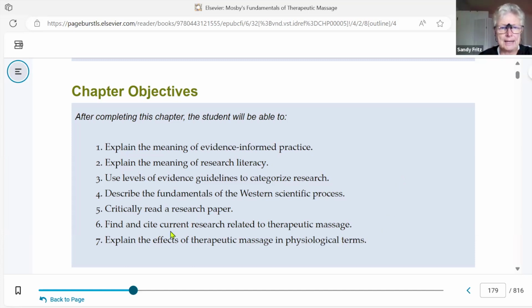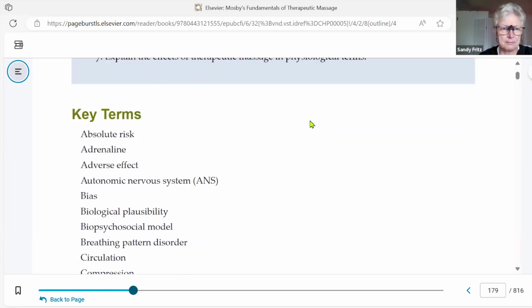Can I find and cite current research? And then explain the effects of therapeutic massage in physiological terms. This is the area here, the chapter 7 objective, that will be most likely tested on the MBLEX exam.